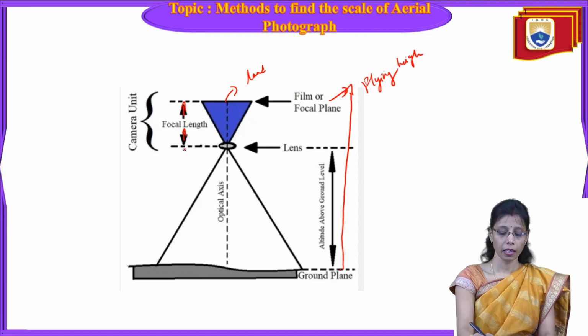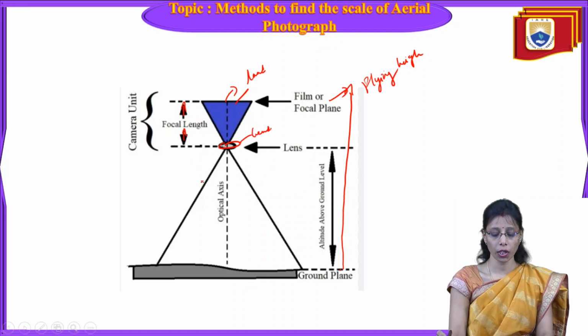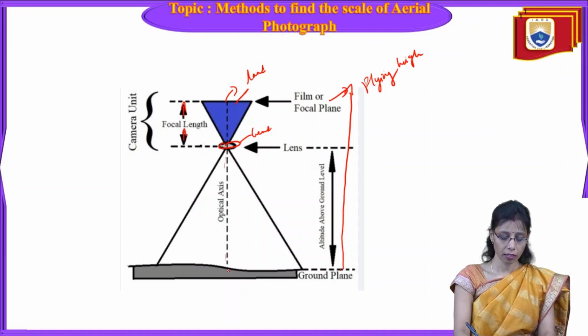Okay, this is the flying height. So here will be your focal length. This will be the plane. This will be the lens. And between these two, the distance is the focal length. So if you know the focal length of the camera, we are able to find the scale of the aerial photograph. And this is the optical axis.